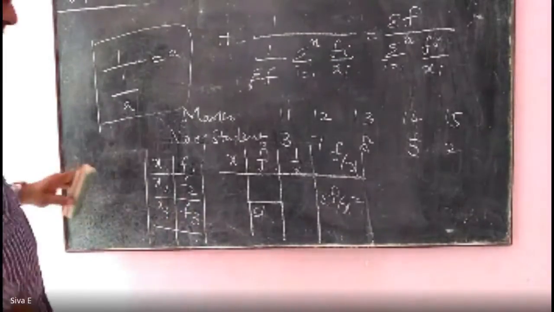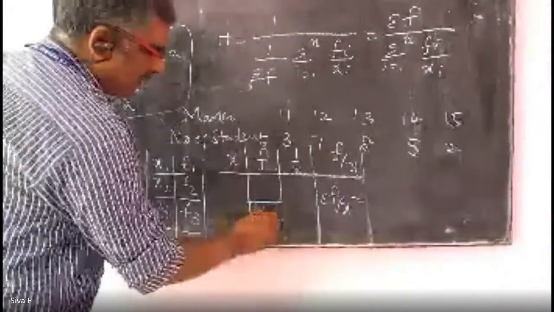So what is summation of f here? Summation of f is 25.